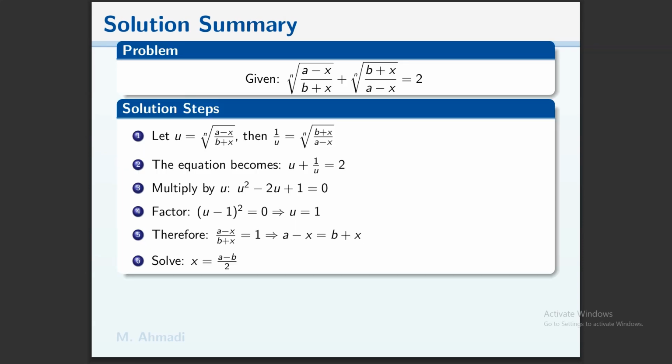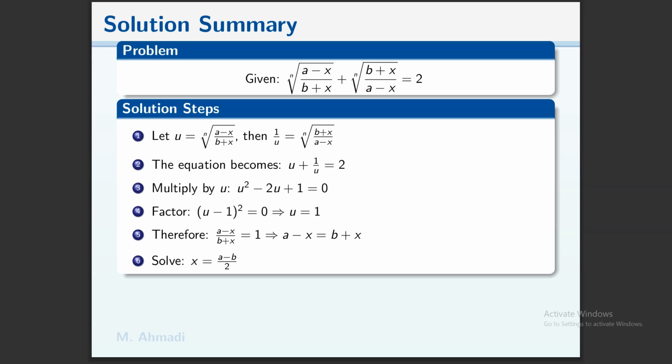Here we can also see the solution summary. The problem is the nth root of (a minus x) divided by (b plus x), plus the nth root of (b plus x) divided by (a minus x), equals 2. After the assumption of u equals the nth root of (a minus x) divided by (b plus x), then 1 divided by u is equal to the nth root of (b plus x) divided by (a minus x).